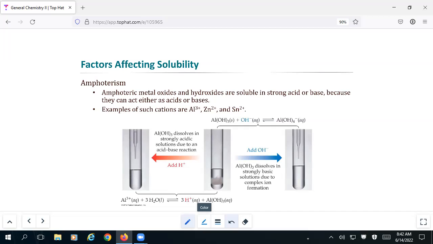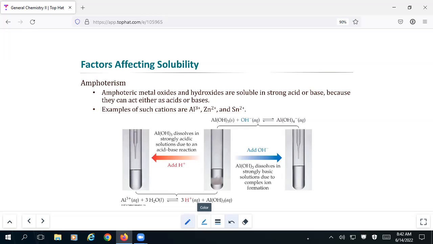And really what's happening in either one is, in the formation of acid, what we'll see in those circumstances is just a simple acid-base reaction. In the strong base, we will see the formation of a complex.